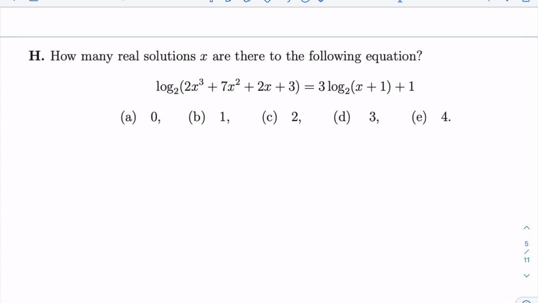We have an equation with log base 2. And the right-hand side, of course, we want to rewrite with log base 2, using the property of logarithm. So the right-hand side can be rewritten with the 3 moved to the power here.